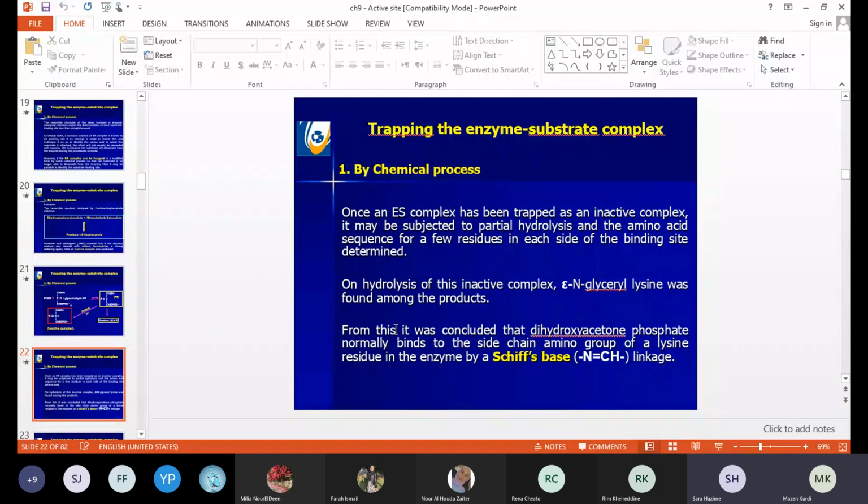And from this, they were able to conclude that the dihydroxyacetone phosphate normally binds to a side chain amino group of a lysine residue in the enzyme, and this forms a Schiff base, the linkage, يعني N double bond CH. And this was reduced by the reducing agent NaBH4, and this induced the formation of an inactive complex to, as I said before, help to isolate, to trap the enzyme in this form and to identify the amino acid, which is the lysine in this case.